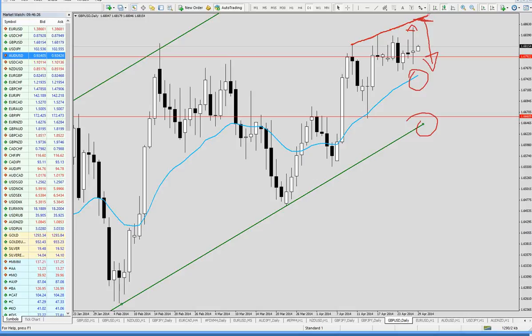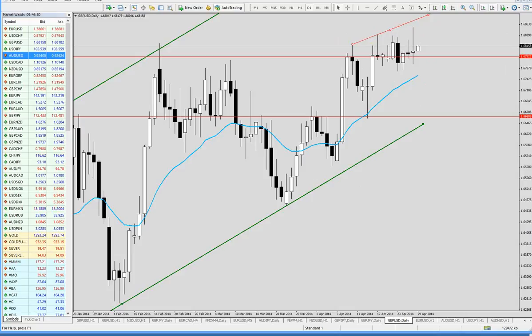That's the first thing. Second thing, if we are going to close above this supply zone, I would look for some retest, pullback, but I would look for sign of strength from here to go higher toward the supply zone.